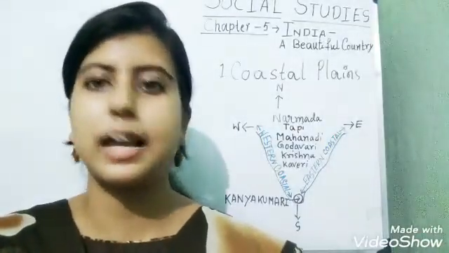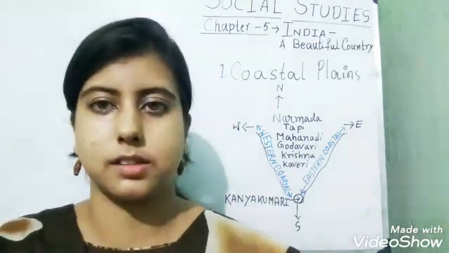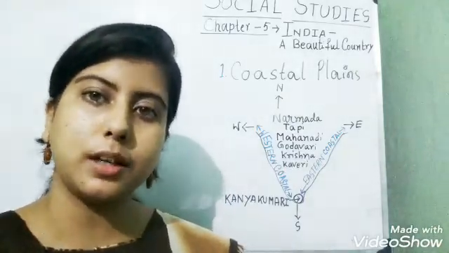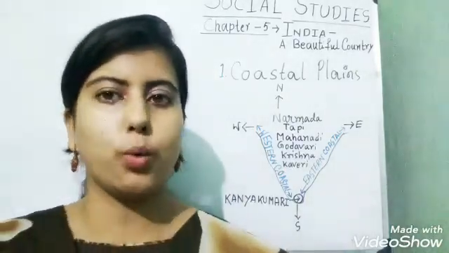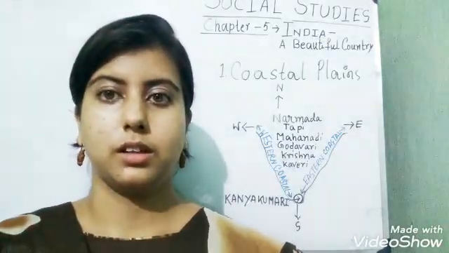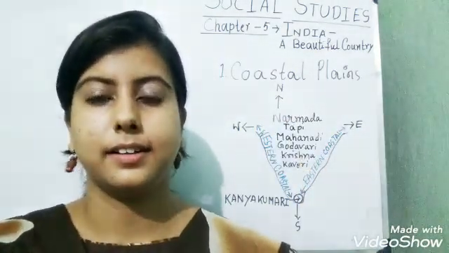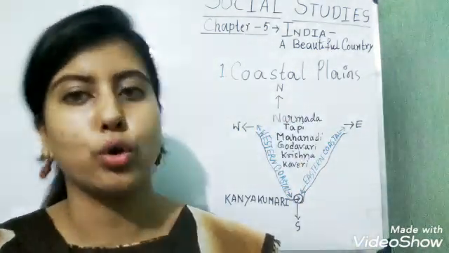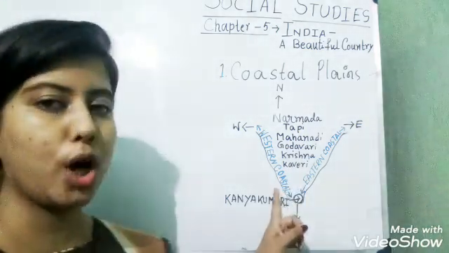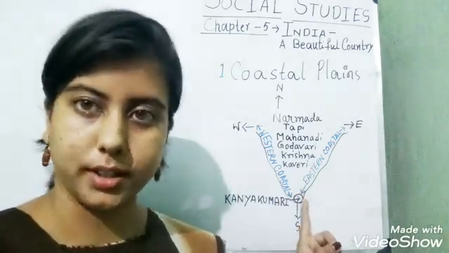In the last class, we talked about northern plains, and today we will talk about coastal plains. Now, what is the difference? Coastal plains are narrow strips of plain land along the coast. This is the picture of the southern part of our country.